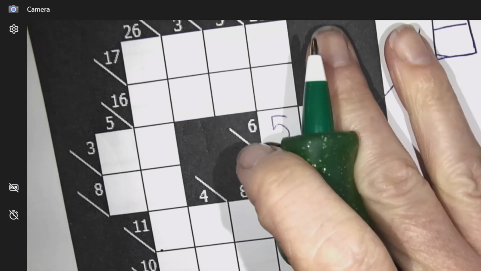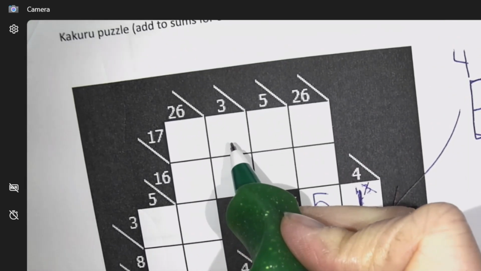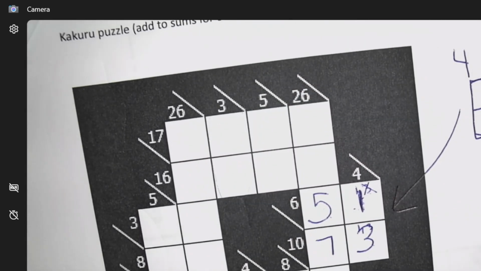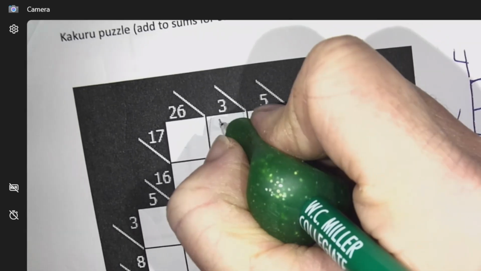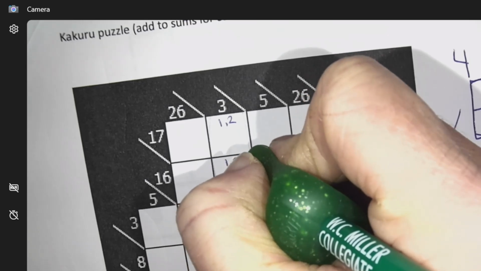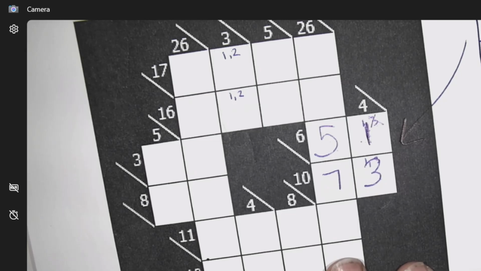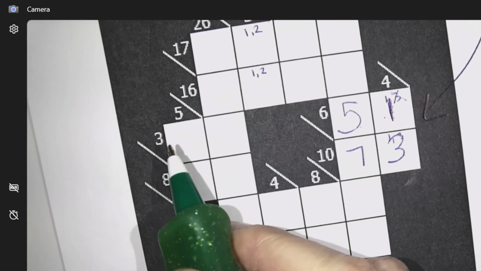All right, let's go to this 3. There's only one combo for 3: 1 plus 2. Okay, let's go to this 3.